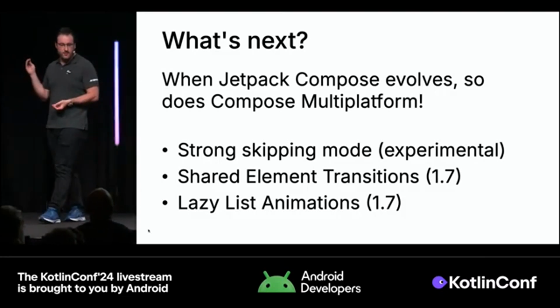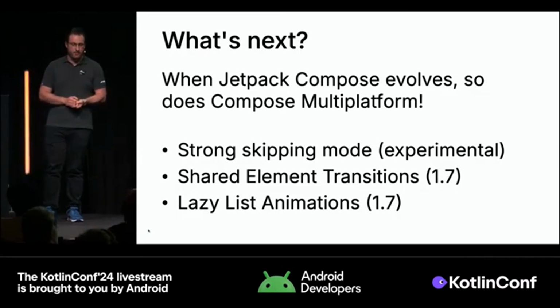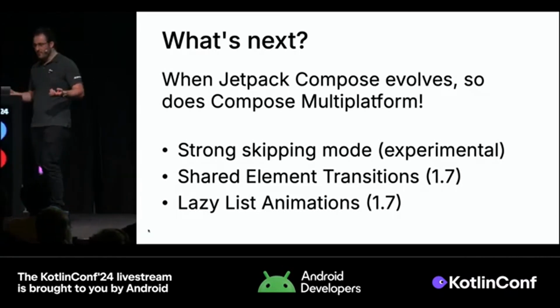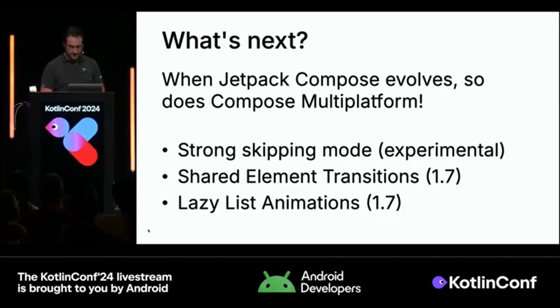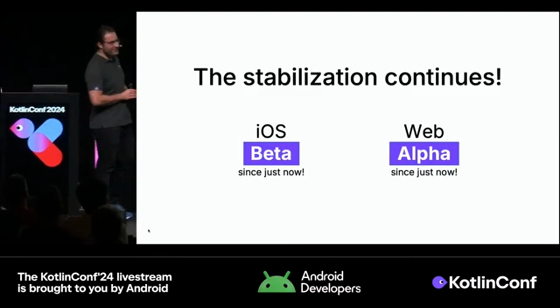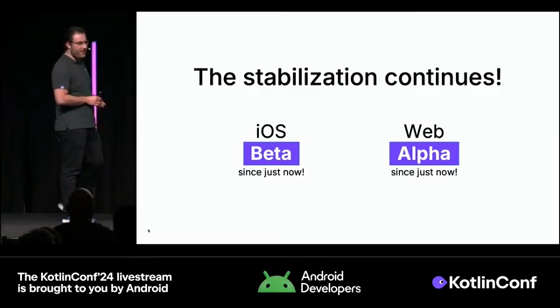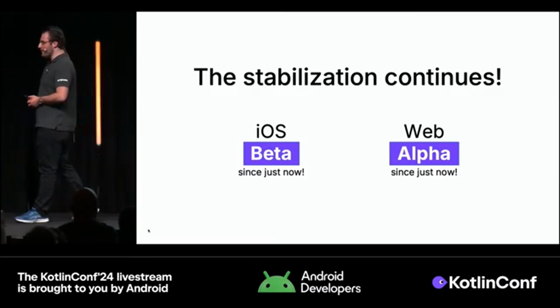We're also getting support for the shared element transitions and lazy list animations that are coming with Compose 1.7, and you'll be able to build some really cool-looking UI using that. And of course, the stabilization journey continues. We continue to refine these things, and we do that based on your feedback.